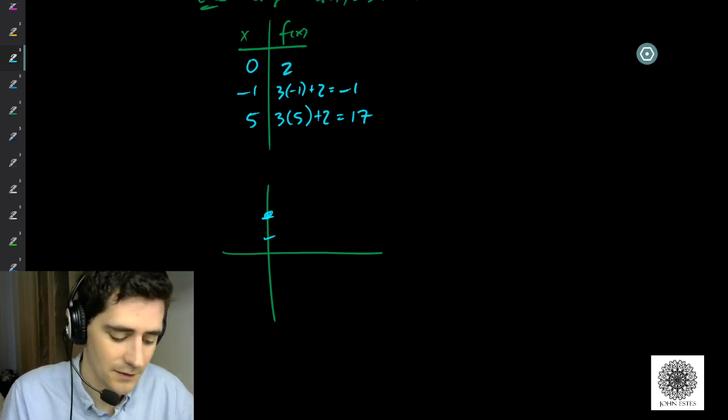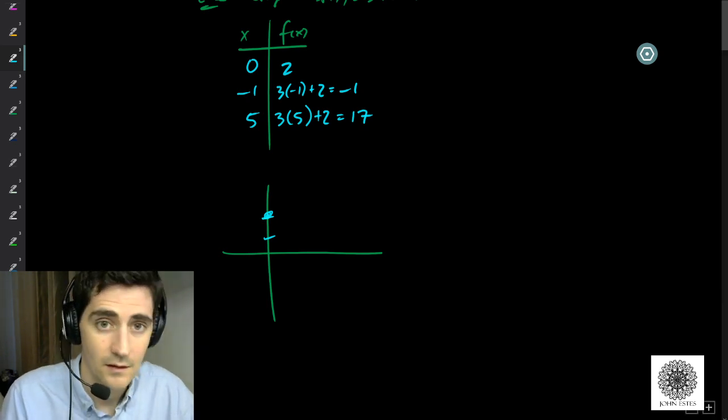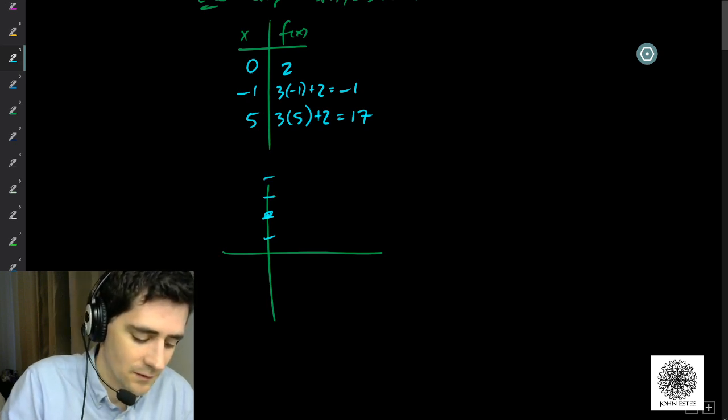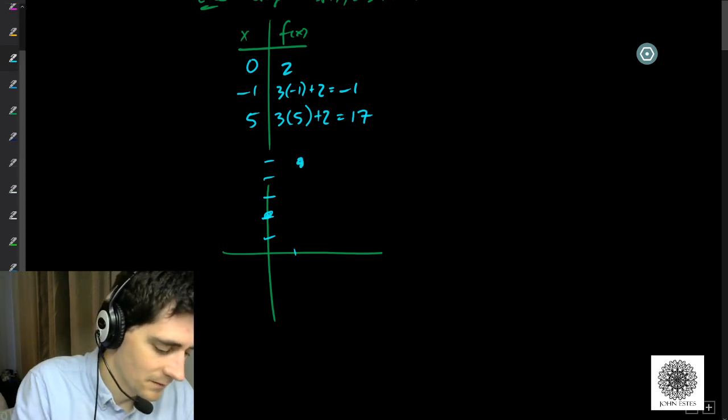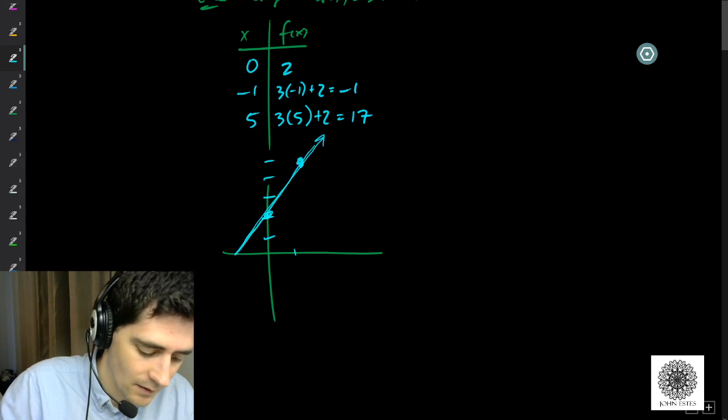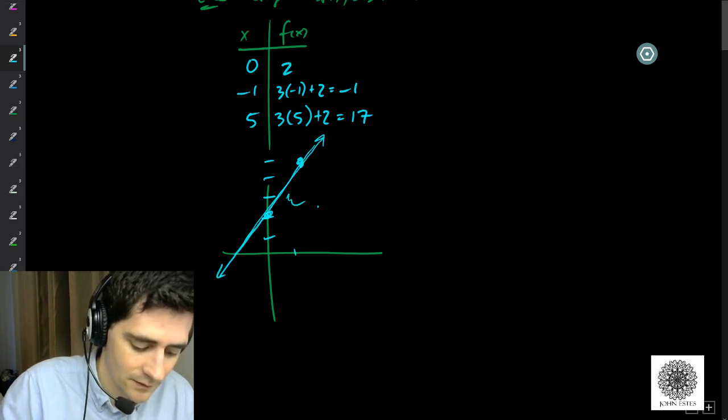So that means for the next point, remember slope is rise over run. So I'm going to go up 1, 2, 3, and over 1. There's my second point. And now just carefully connect these 2 points in a straight line. And there's my line, f of x equals 3x plus 2.